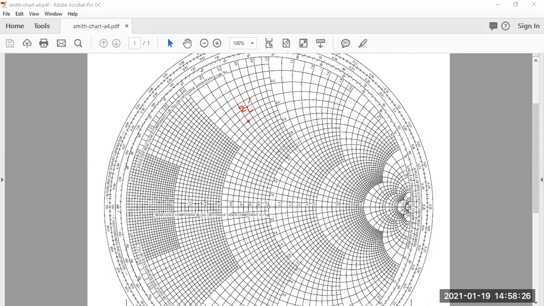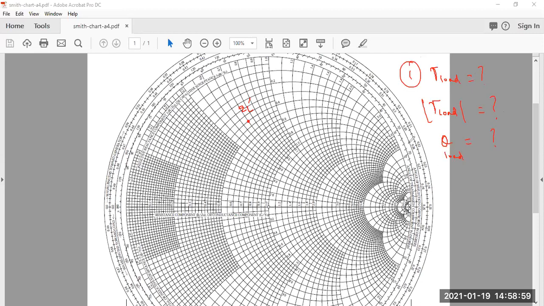Once you know the location of the impedance on the Smith chart, then it becomes easier for us to find a number of unknown parameters. So how to find out the reflection coefficient? The first parameter that we need to find out is reflection coefficient at the load. The reflection coefficient is a complex quantity, so we need to find two things. We need to find out how much is the magnitude of the reflection coefficient, and we also need to find out how much is the phase of the reflection coefficient.